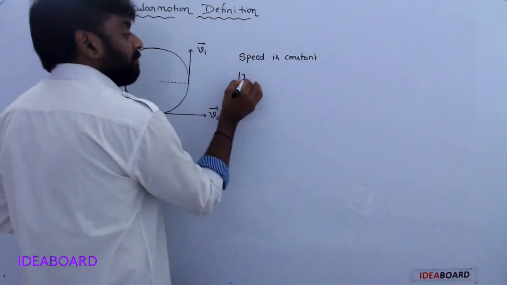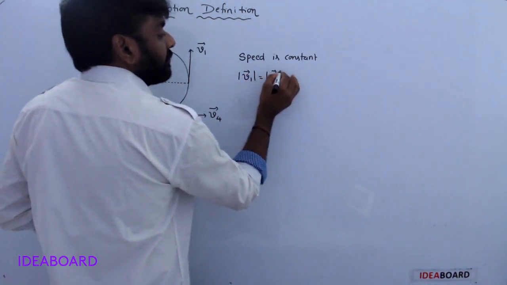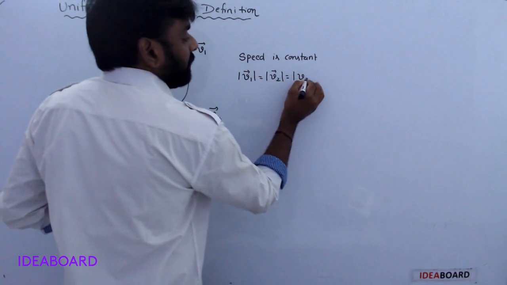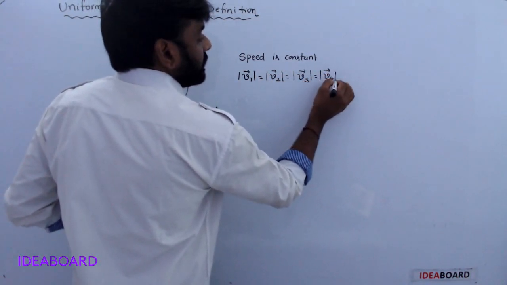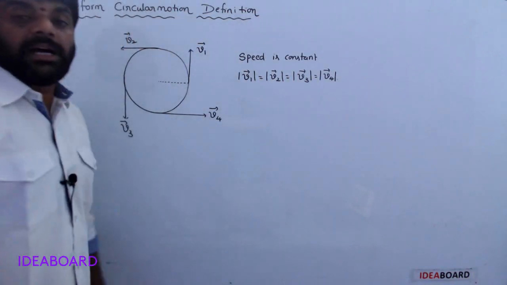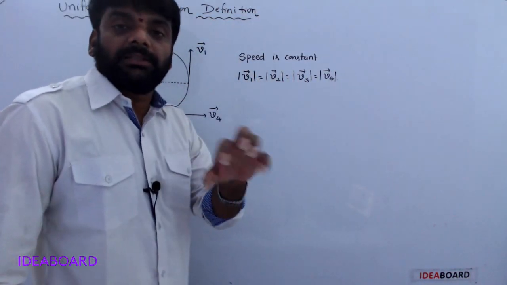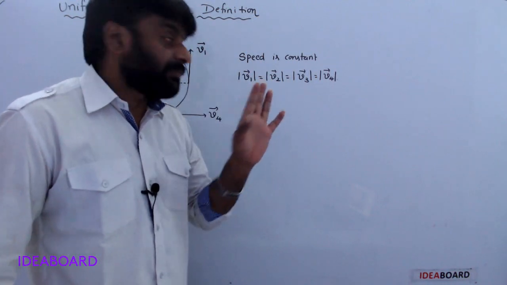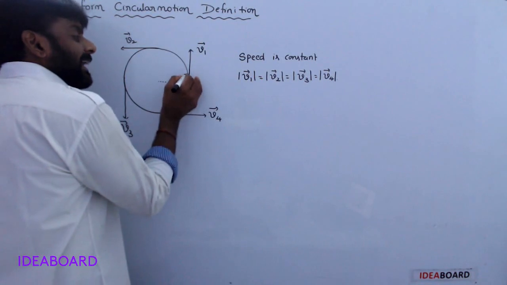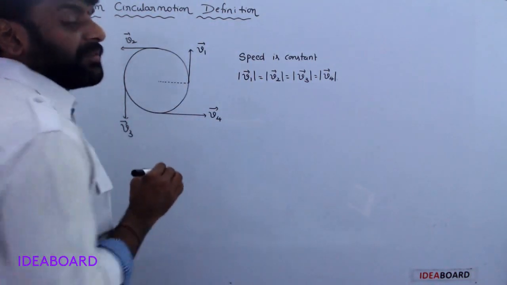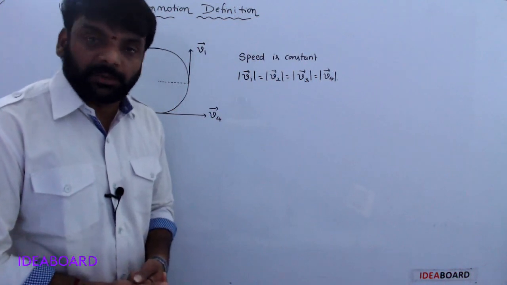speed constant means magnitude of the velocity is the same. So that particle motion is nothing but uniform circular motion.